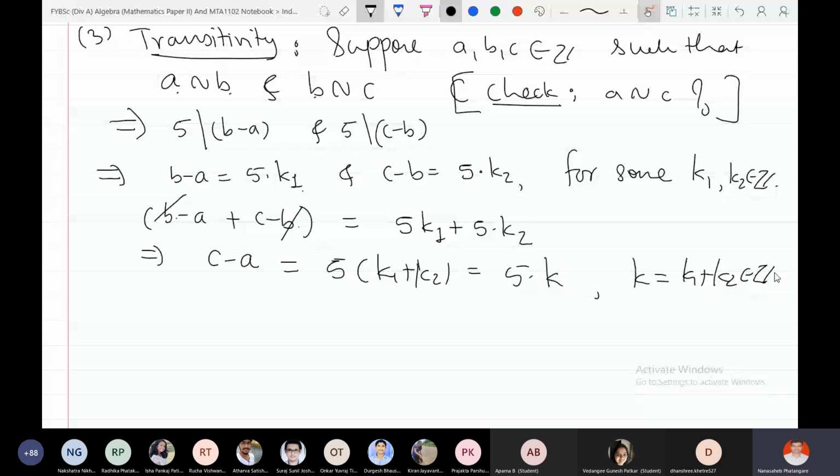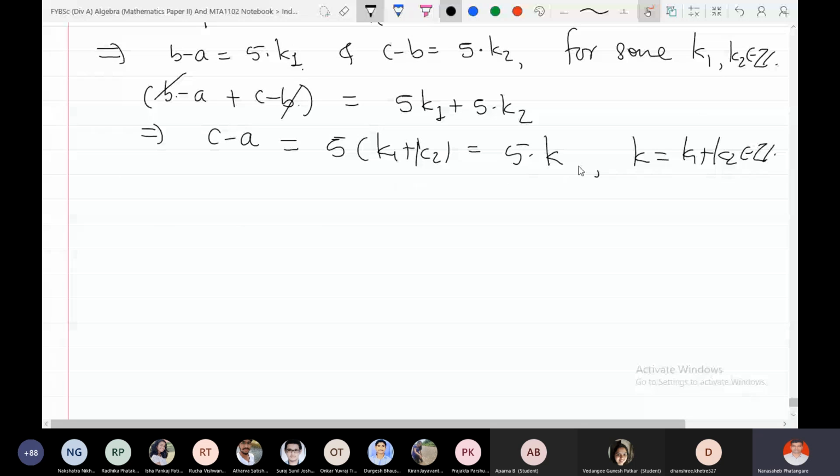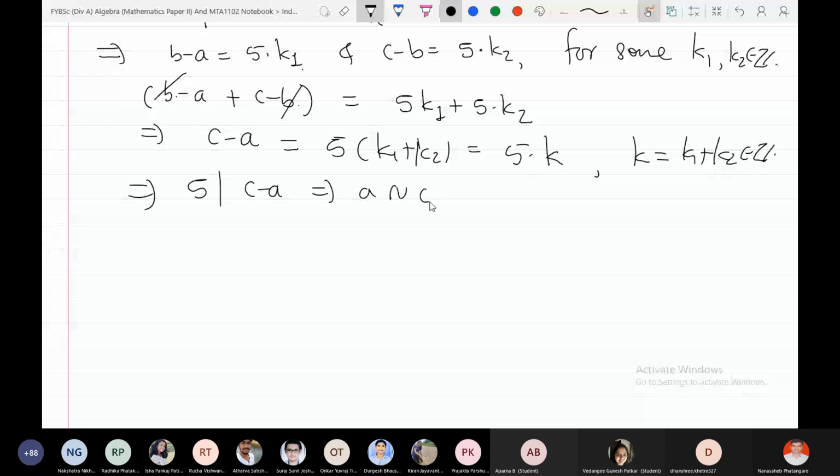So therefore, c minus a is a multiple of 5. That means 5 is a factor of c minus a. Therefore, 5 divides c minus a. That means a is related to c. And so what is the conclusion?